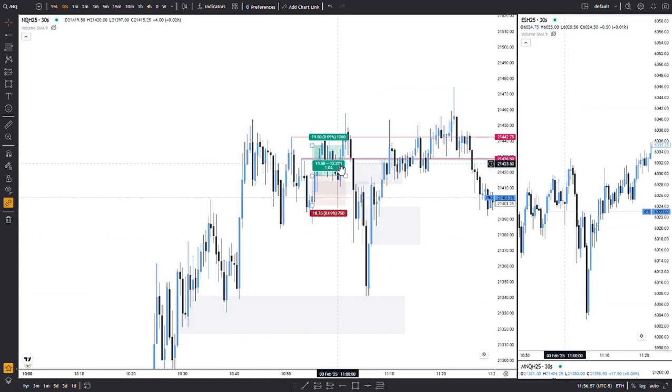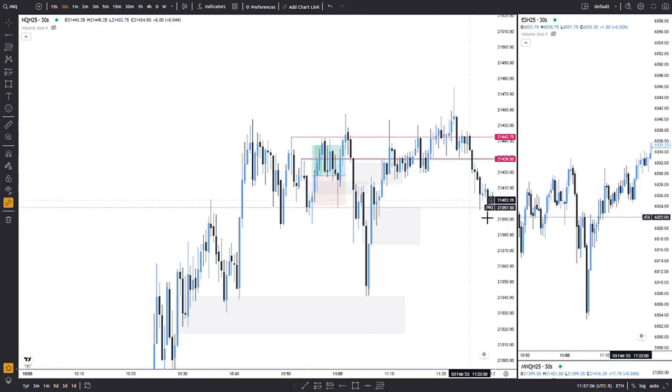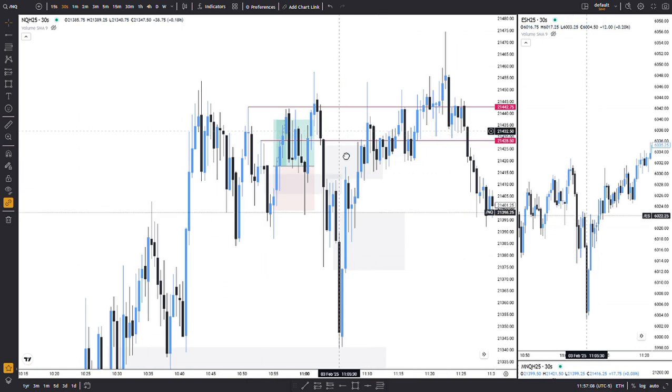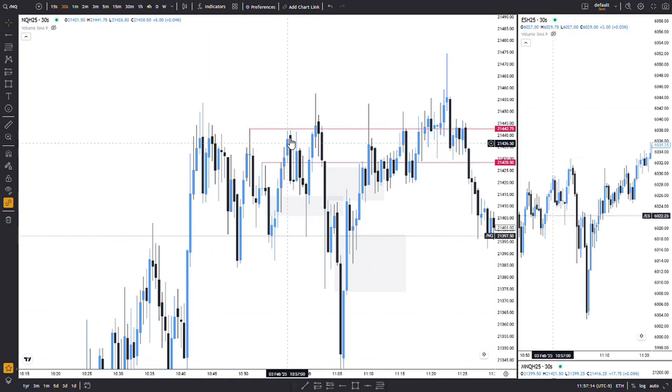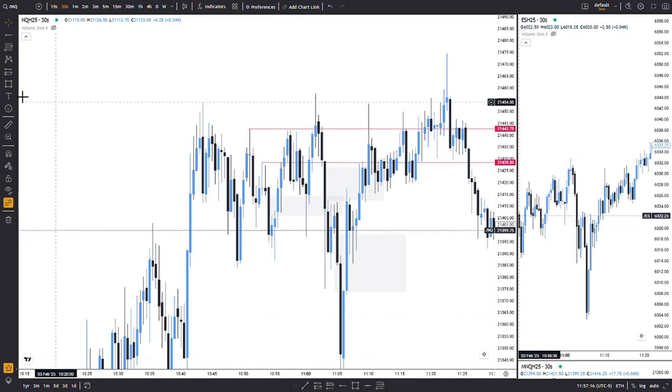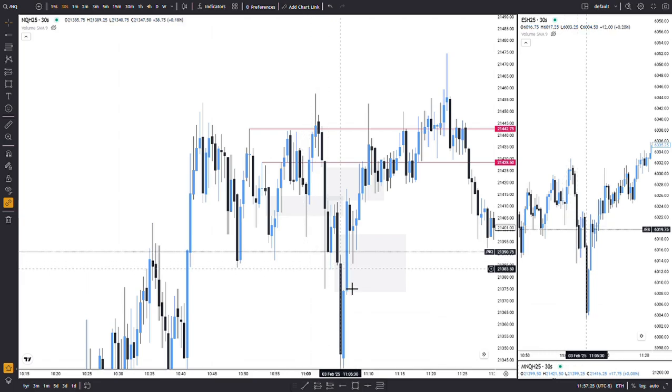So it would be wise to take one contract at 1.01R. But I didn't really enter the trade, so I didn't even think about it, and I just consider this trade a break even. I would just have taken one contract at 20 points, and the rest would be stopped at break even, which wouldn't be that decent.